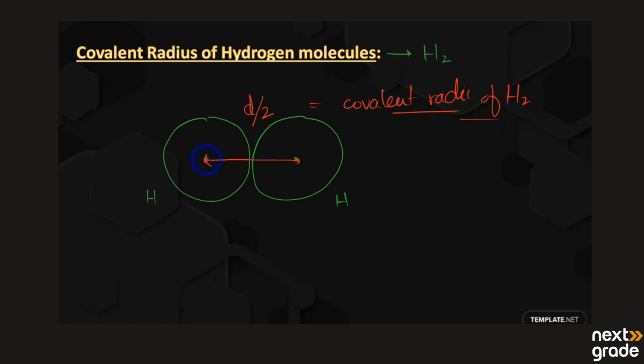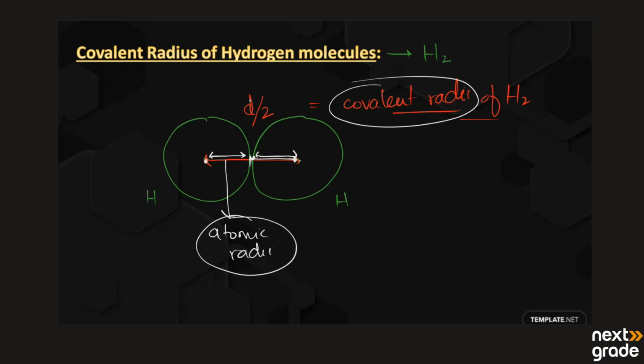From the central nucleus to the valence shell is the atomic radii of both atoms. We take half of the distance between the nuclei of the two bonded atoms having a single bond. This is known as the covalent radii.